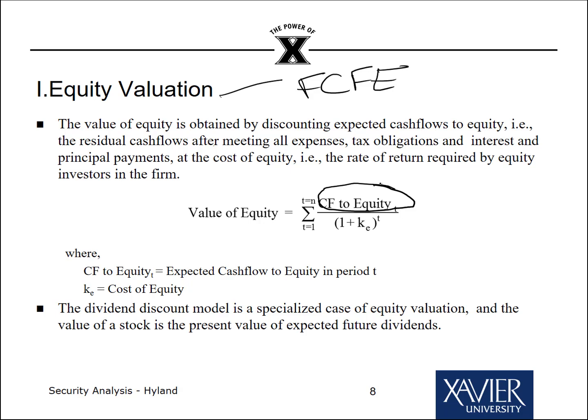We might start with net income, add back depreciation, subtract any reinvestment in the firm. We forecast those over time from year one to infinity, or the life of the firm. Discount each one of those cash flows by a cost of equity, and we'll talk about that later. Typically, we're going to estimate that using something like a capital asset pricing model or some kind of equity valuation model.